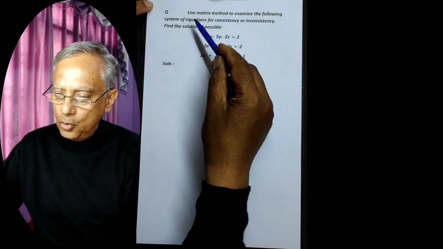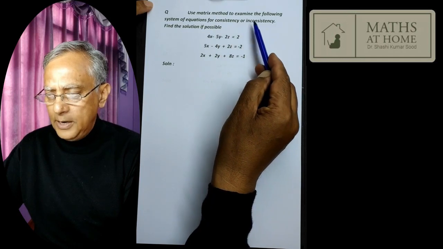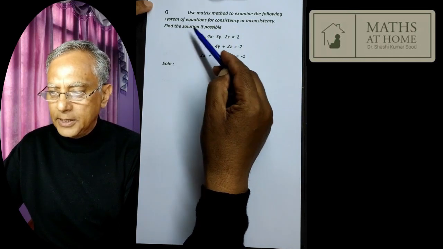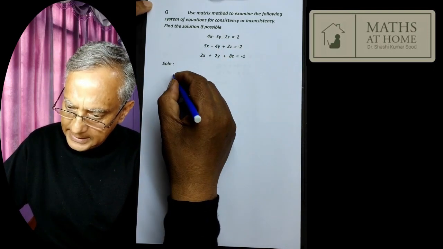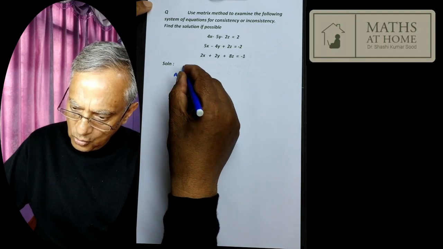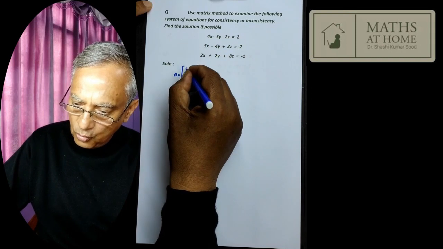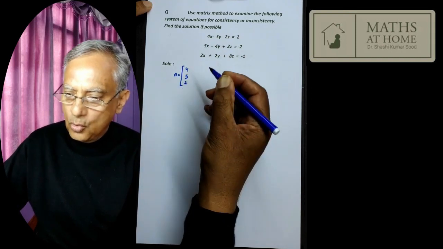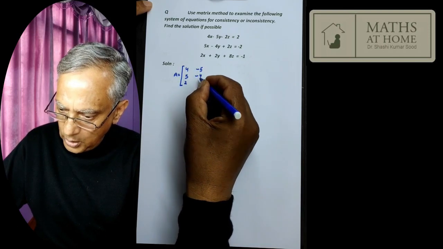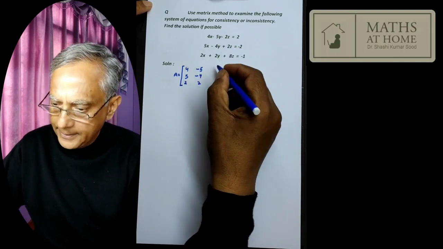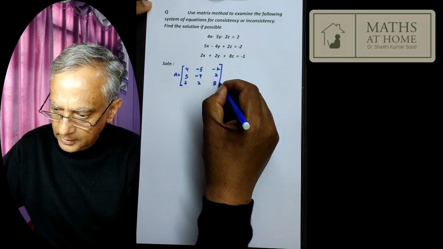Now next question is, use matrix method to examine the following system of equations for consistency or inconsistency. Find the solution if possible. Now this system of equations can be written as AX = B, where A is the coefficient matrix: coefficients of x are 4, 5, 2, coefficients of y are minus 5, minus 4, 2, coefficients of z are minus 2, 2, 8.